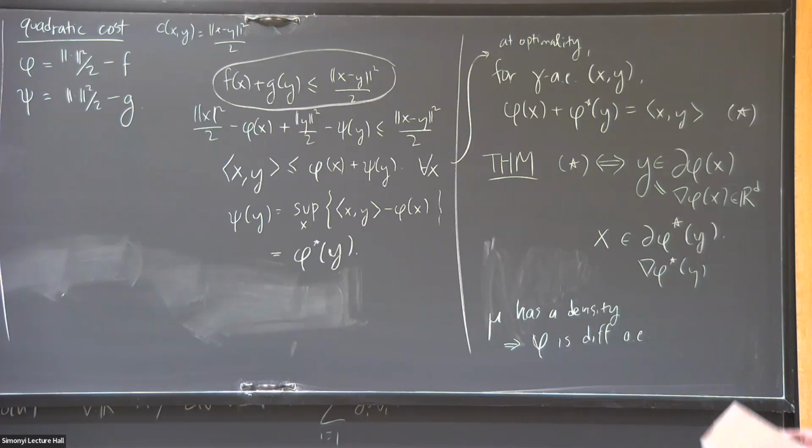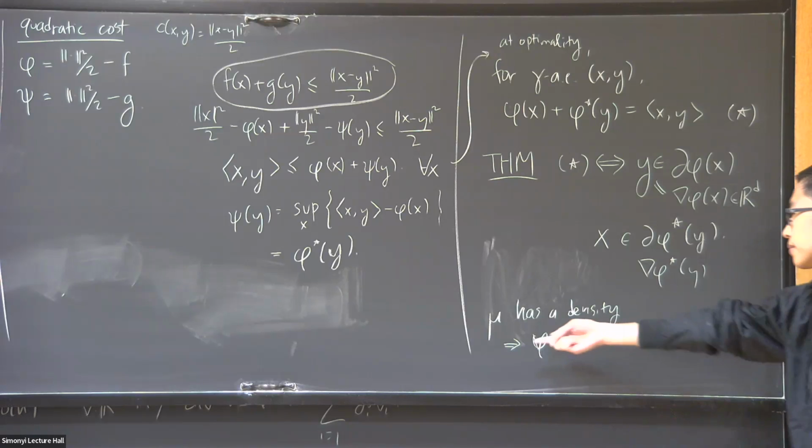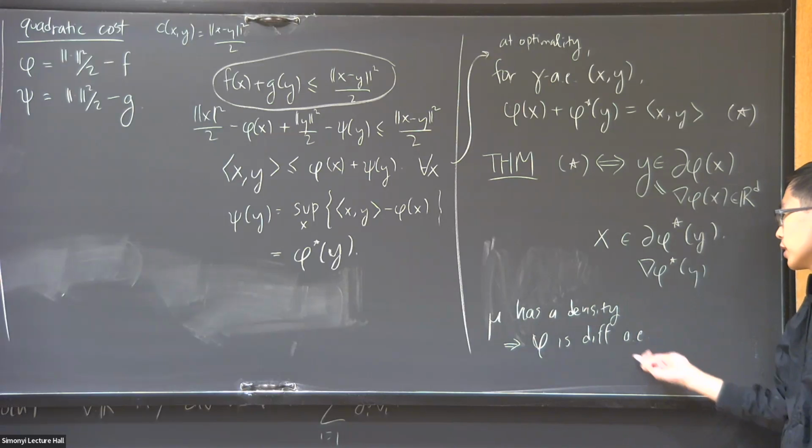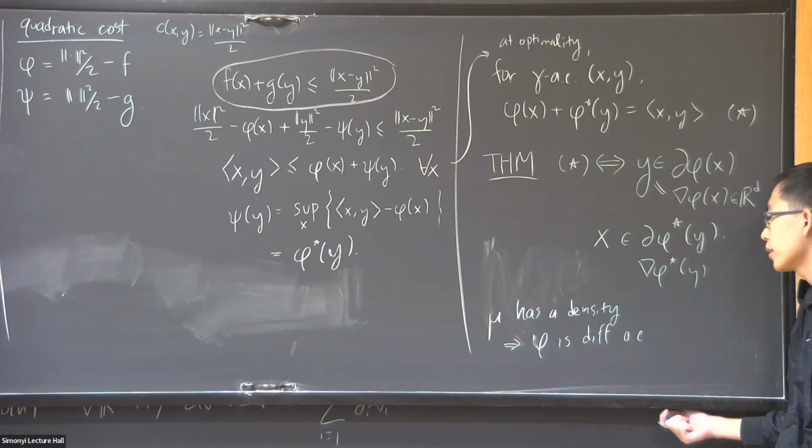The reason is that a convex function is locally Lipschitz on its domain. By Rademacher's theorem, it's differentiable almost everywhere with respect to the Lebesgue measure. If mu has a density with respect to the Lebesgue measure, it's also differentiable almost everywhere with respect to mu.